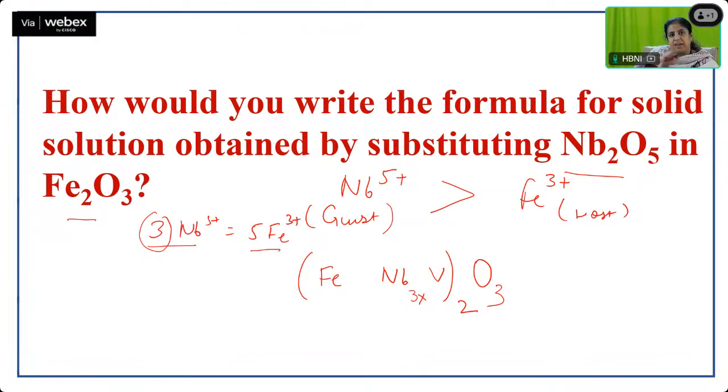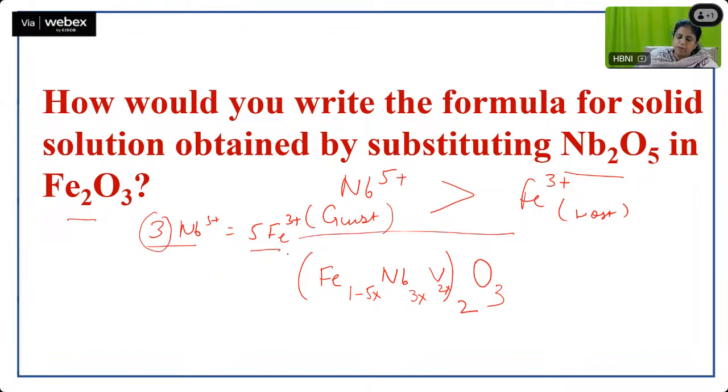That means if 3 Nb go into the lattice, 5 iron have to go out. If 3x Nb go into the lattice, the number of iron remaining is 1 minus 5x. Out of this 5x iron that have gone missing, 3x will be occupied by Nb, and 2x are remaining. So the vacancy is 2x.